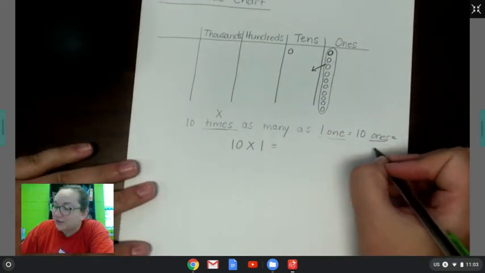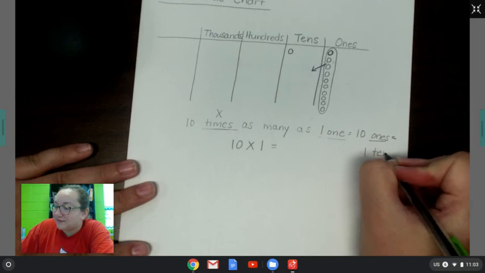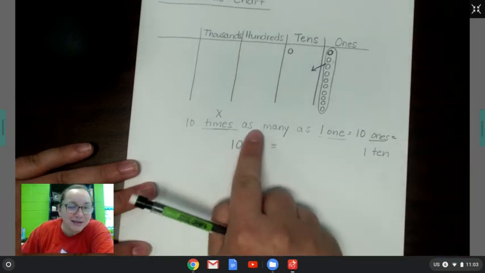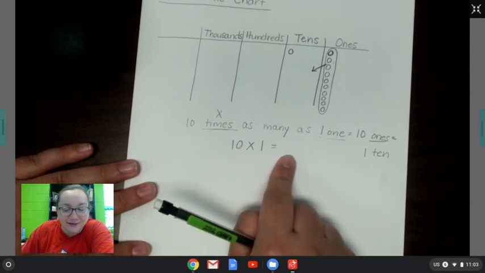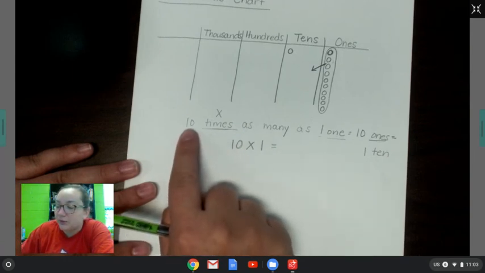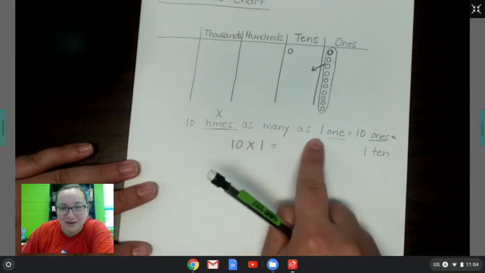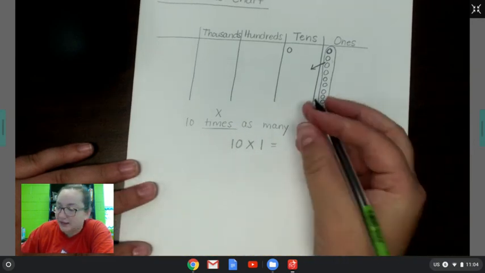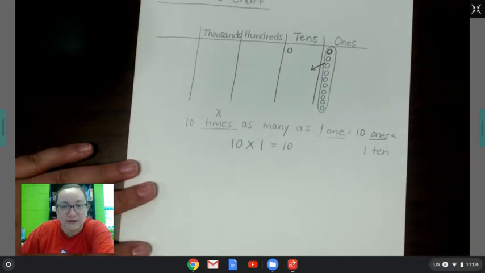So it also equals 1 ten. Okay, now I know that this one's pretty easy. 10 times 1 is 10, but I just wanted to show you how we can interpret this, where there's words, into an equation. Okay, so we would just put 10 right there.